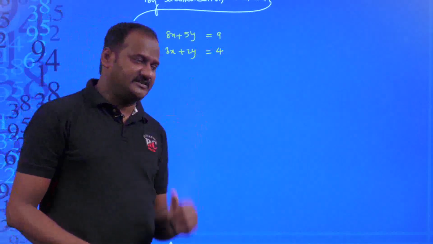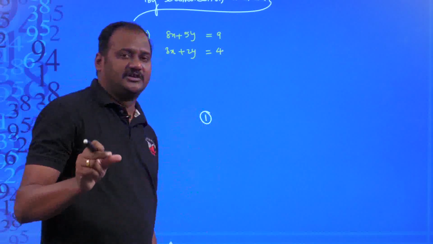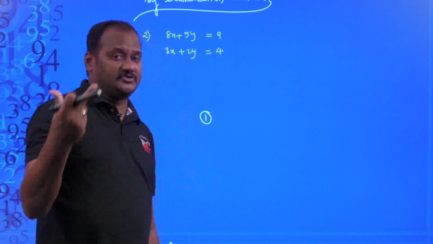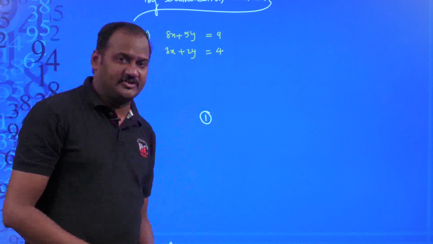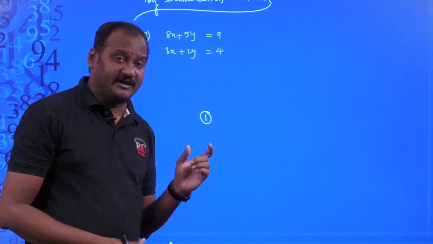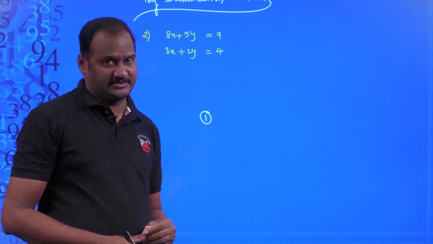For that, the very first step is you will have to choose the variable that you are going to eliminate. And before you choose that, you will have to identify the coefficients of that particular variable in both the equations, right.